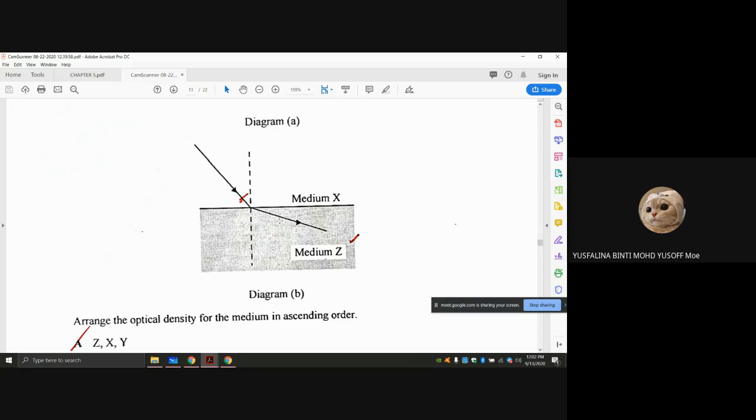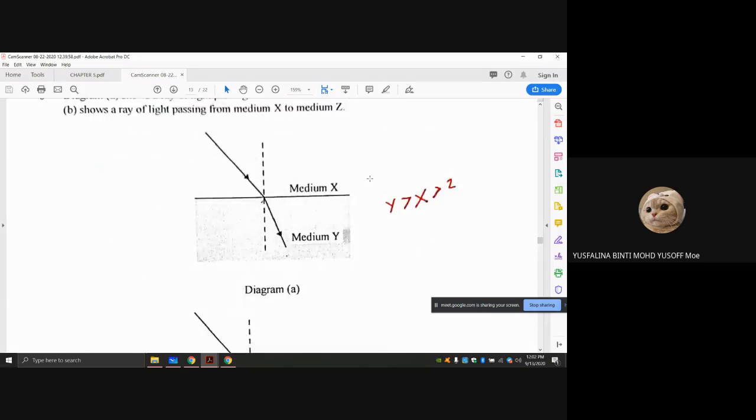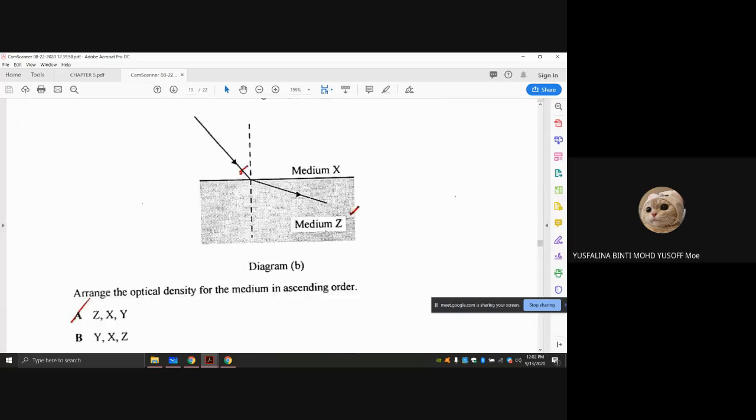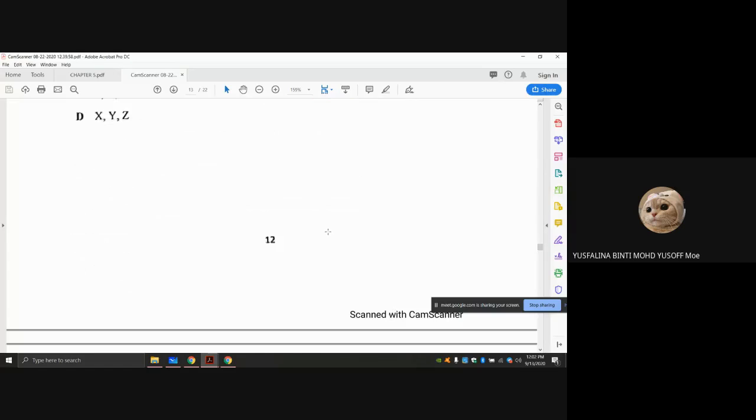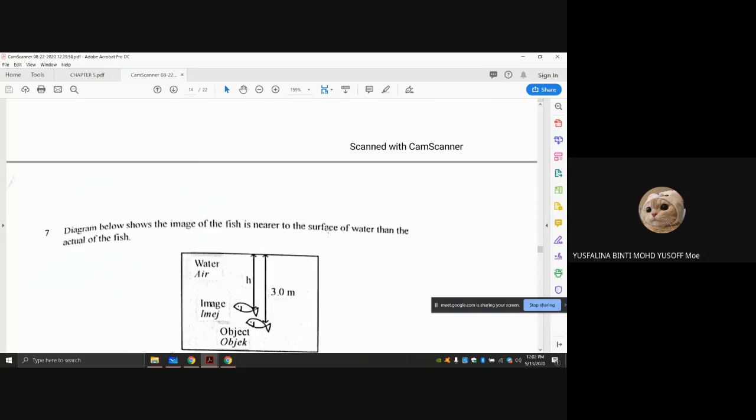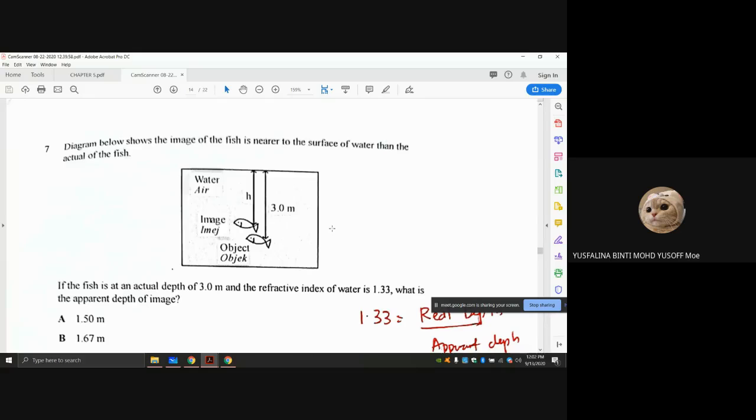Then comparing X and Y, Y is denser, so X is in the middle and the highest one is Y. So Z, X, and Y. The answer is A.